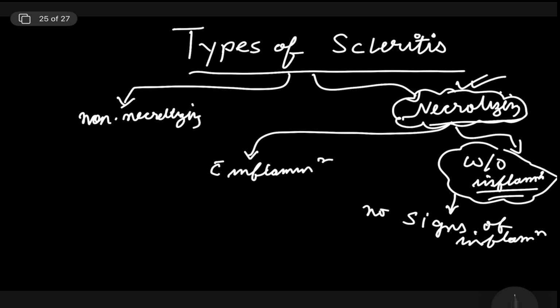Since there are no signs of inflammation, what were the signs of inflammation? We know dolor, then tumor, then rubor, right? Temperature, redness, calor, heat, all of that, right? Obviously heat is something we cannot expect within the eyes. We can expect it in a local area.